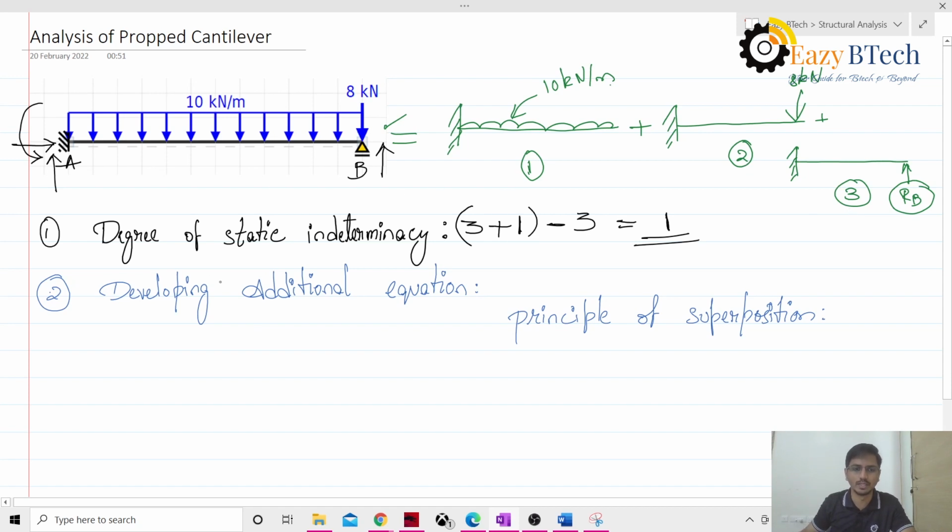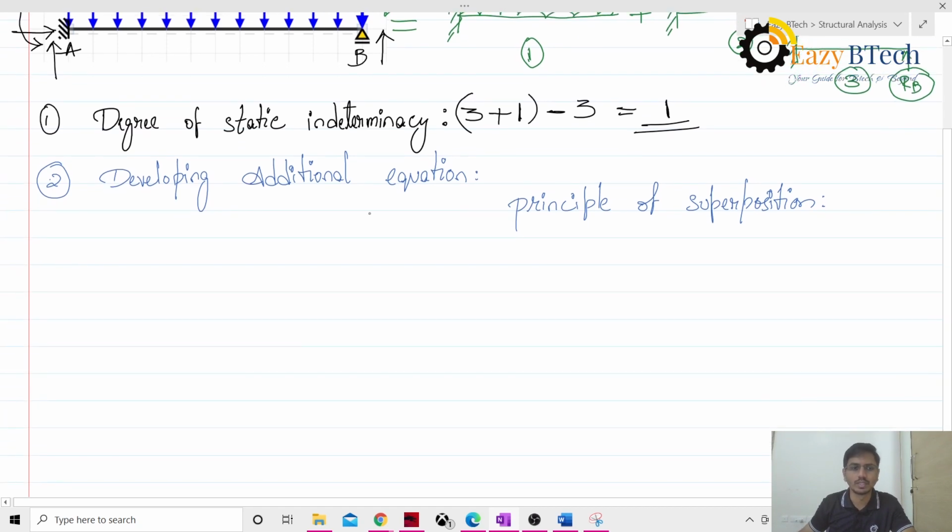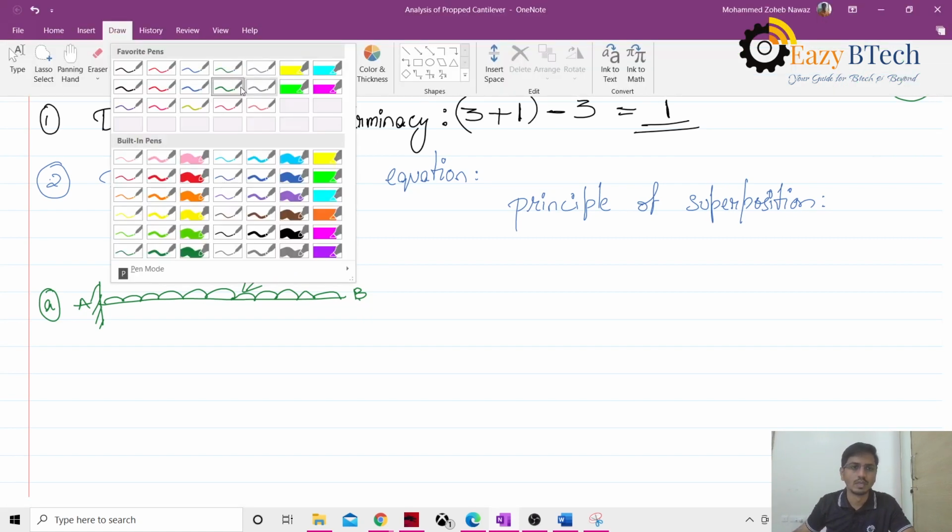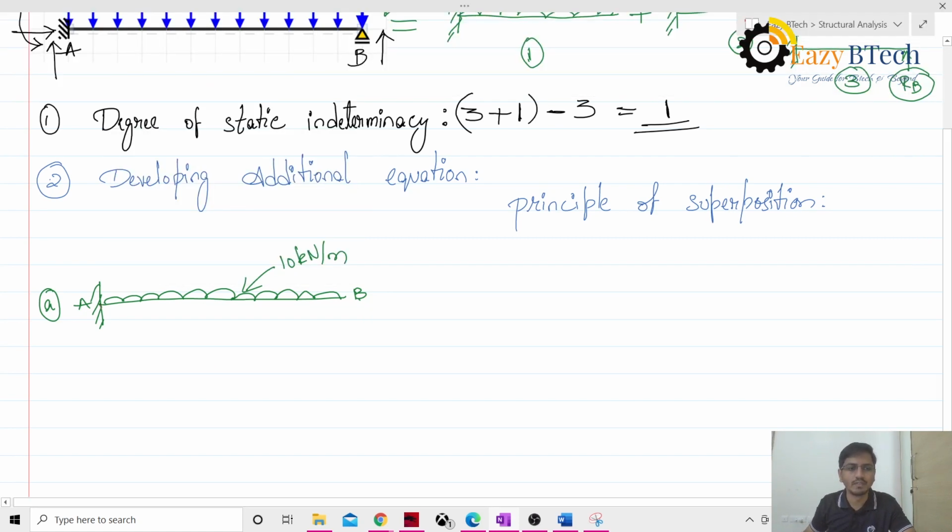Okay, we'll do the same here. The first structure which we'll take is a cantilever with UDL. Here 10 kilonewton per meter is the intensity. This is my A, this is my B. Now I need to get the deflection. So the deflection will be like this.